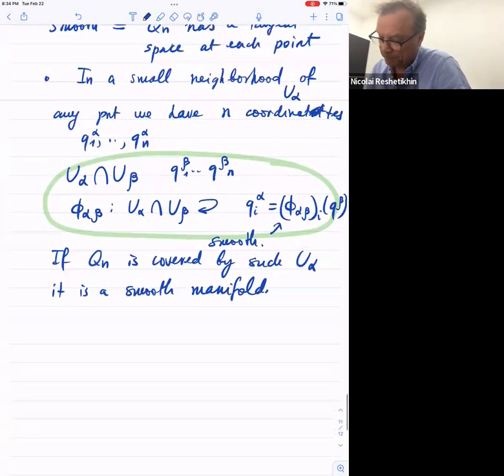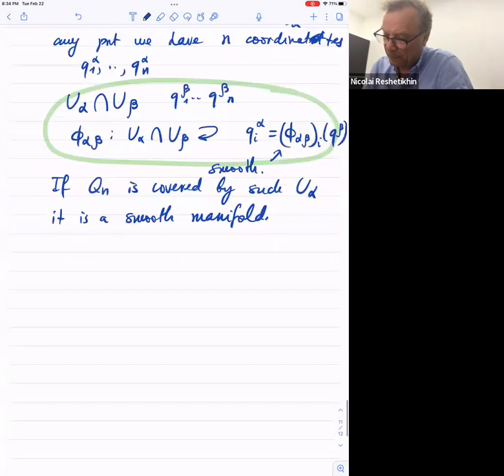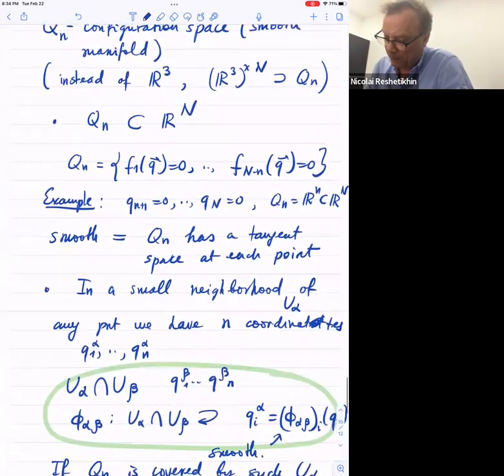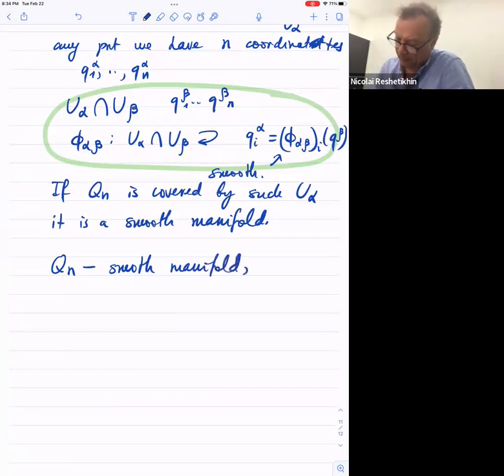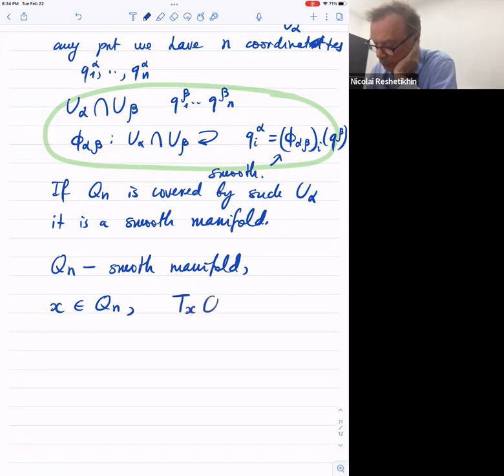So yes, we have a smooth manifold. And then if x is a point of this manifold Q, there is something that's called the tangent space at this point to Q. Intuitively, it's the following.